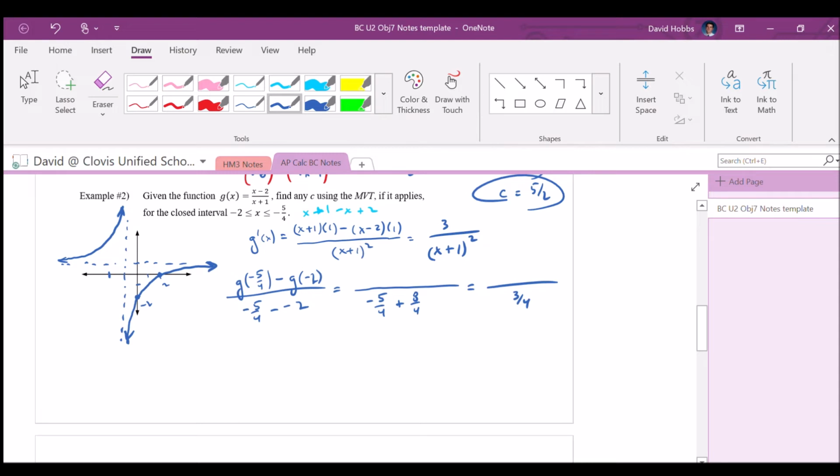A little bit of scratch paper here. So g of -5/4: I've got -5/4 minus 2, so that's -8/4 over -5/4 plus 1, so that's plus 4/4. So really that's -13 over -1, which is 13.